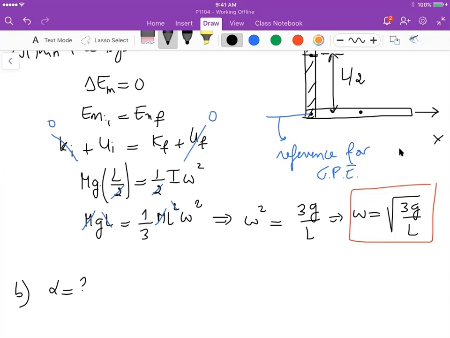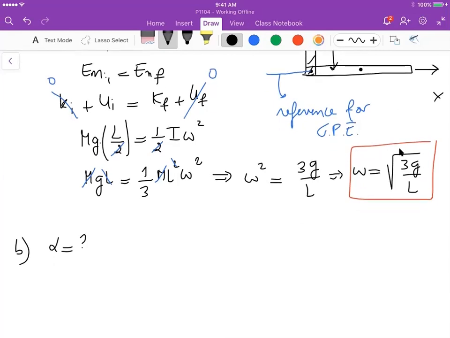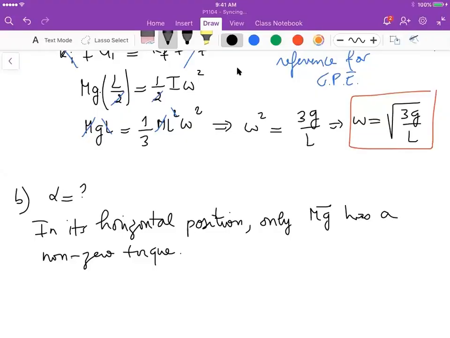Instead, we need to determine alpha by applying Newton's second law, right? And if you apply Newton's second law in its horizontal position, only the gravitational force has a torque that is different than zero as a force acting on the rod.